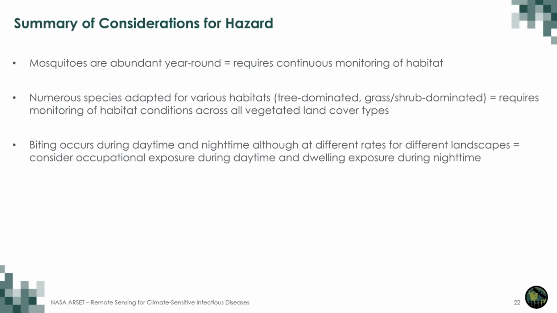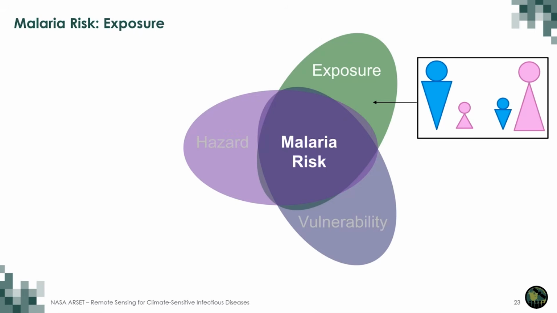And we also know that biting occurs during daytime and nighttime, although with different rates for different landscapes, which again, we need to consider both occupational exposure during daytime. So what do people do on the landscape which will expose them to daytime biting, and the dwelling exposure during nighttime to account for the nighttime biting routines, which brings us to exposure.